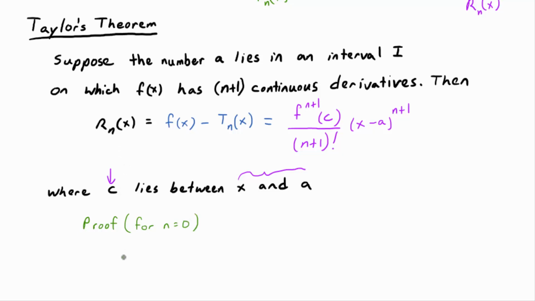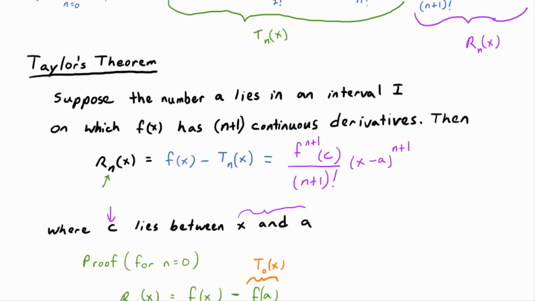Okay, if n equals 0, R0 of x, in other words, plugging in 0 for n right there, you end up taking f of x minus f of a. Because if you think about it, T0 of x, go back up here.